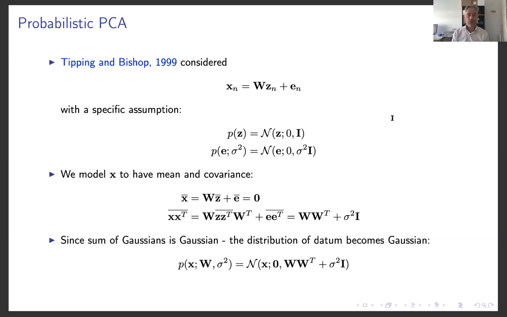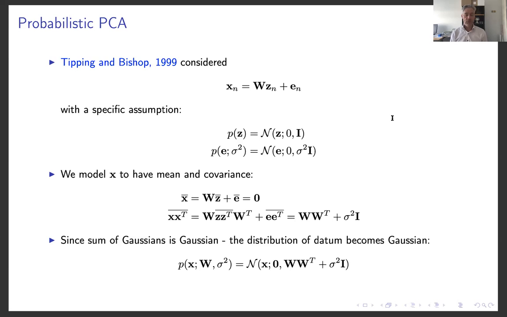This is an old result, but that doesn't make it worse, from Tipping and Bishop in 1999, where they considered a model like the one on top, and then they make a very specific assumption that the prior on the latent variable is a normal distribution with unit covariance, and that the noise is also Gaussian, additive, with a diagonal covariance with variance sigma squared.